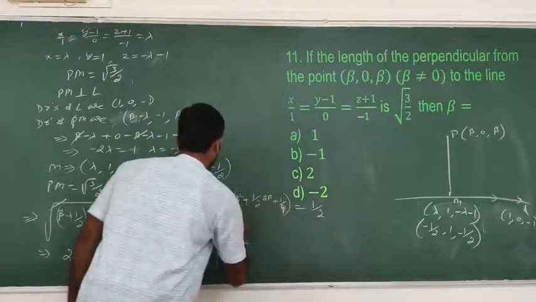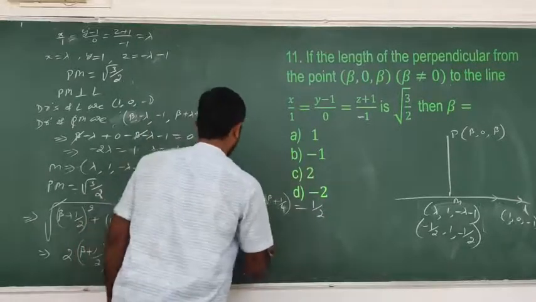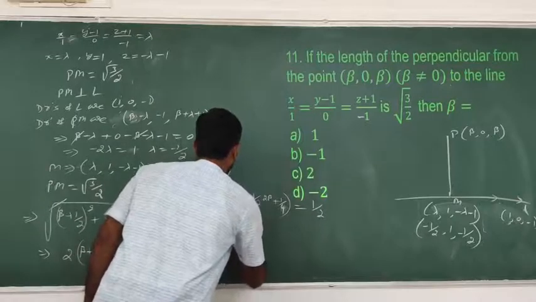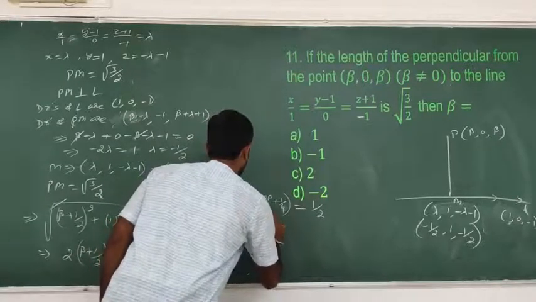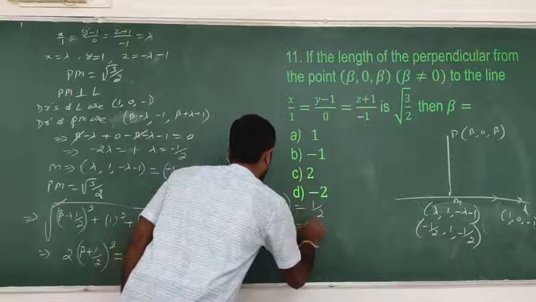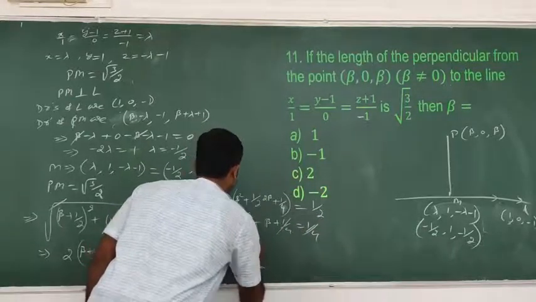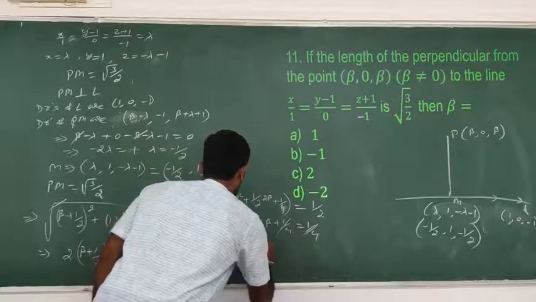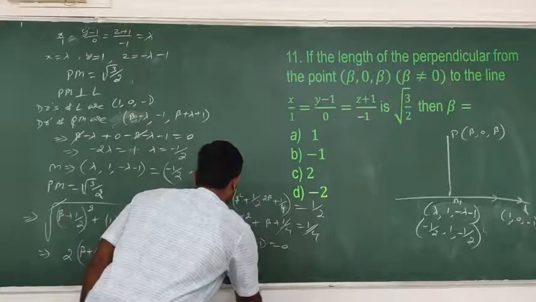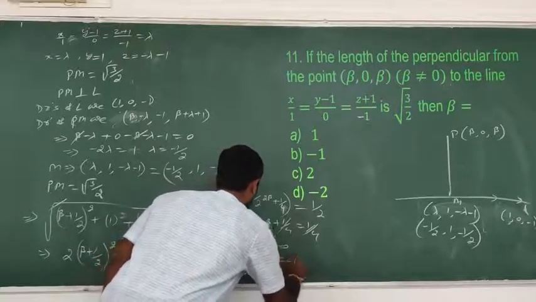So taking beta common, beta square plus beta plus 1/4 is equal to 1/4. 1/4 cancels. Take beta common, beta plus 1 is equal to 0. Then this implies that beta is equal to 0 or beta is equal to minus 1.